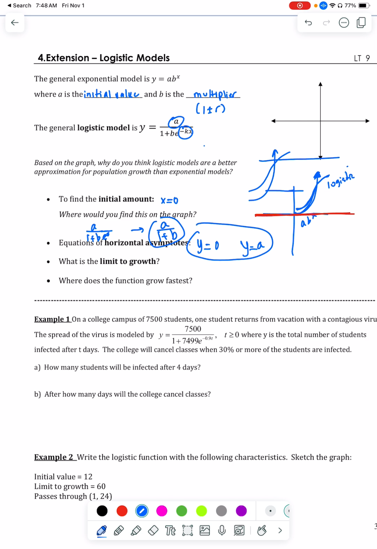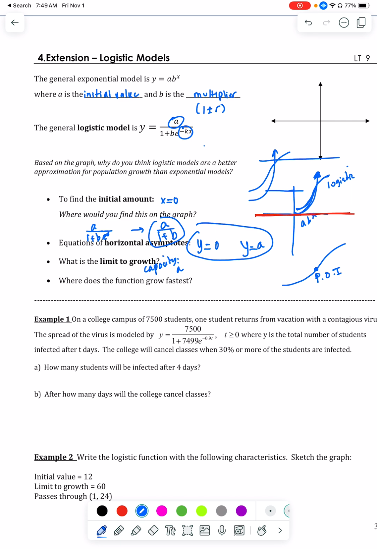Now, what is the limit? I just mentioned that. The limit to growth, that's your capacity, the maximum possible, and that's A. And where does the function grow fastest? Again, we talked about this looking more like an S model. It's growing fastest at what we know as the point of inflection.